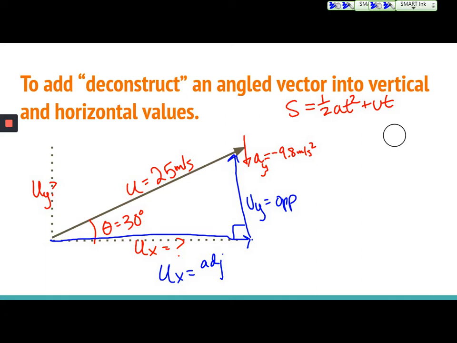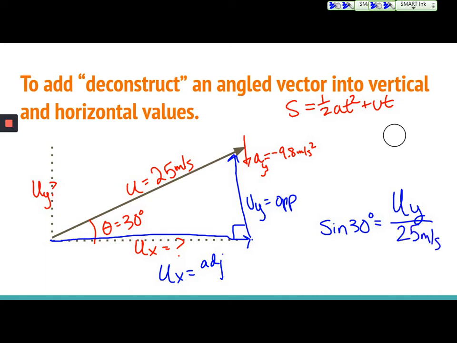Again, we have some trig relationships here that will help us out. We have a hypotenuse, and we have an angle. So if we do sine of 30 degrees, that will give me my opposite value, which is uy, over my hypotenuse, which is 25 meters per second.